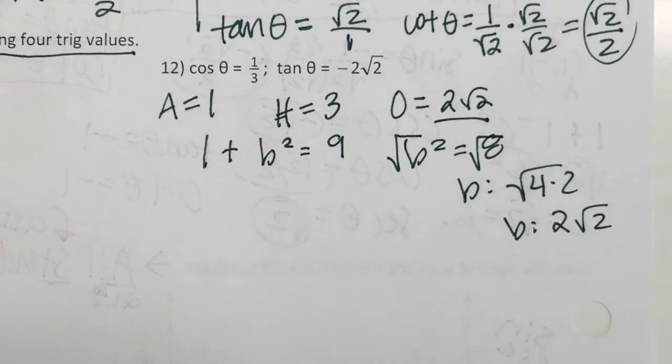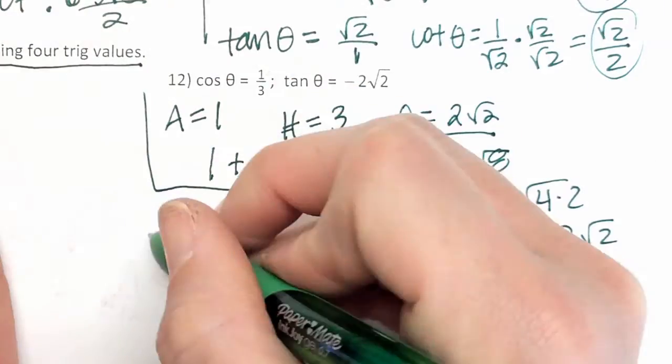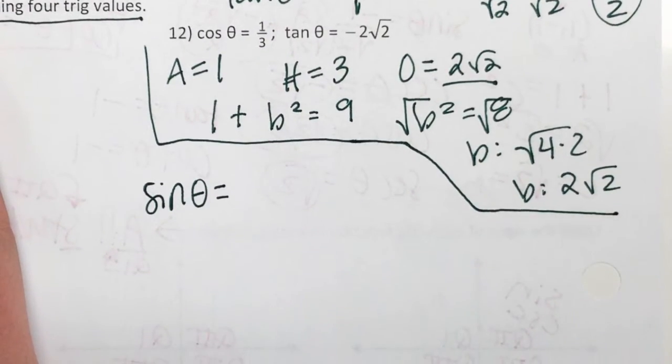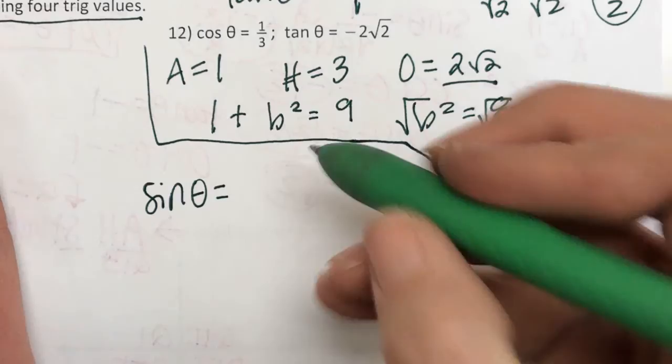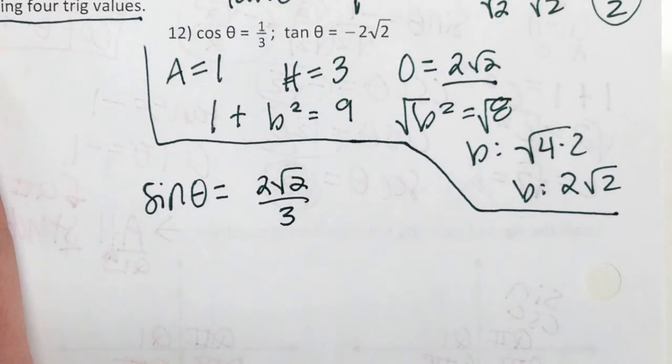Alright, give me a trig function that we don't already have. Sine, okay? What is sine? Good, so it'd be what? Very good. And we're going to go back and check our signs at the end. Give me another one we don't have.